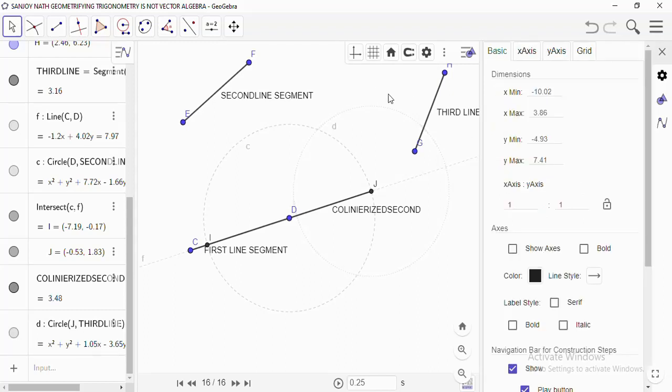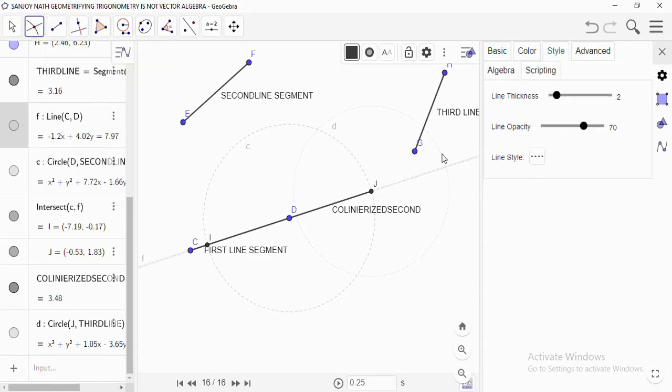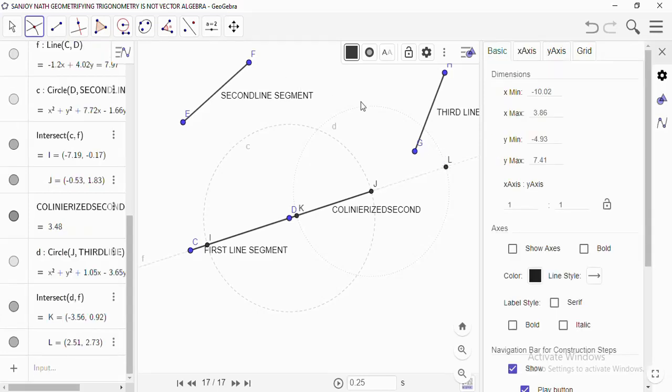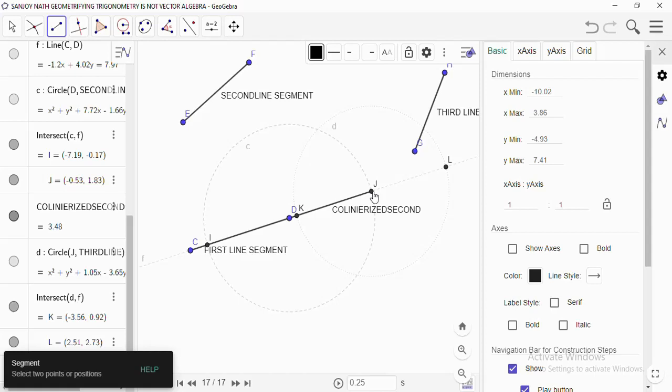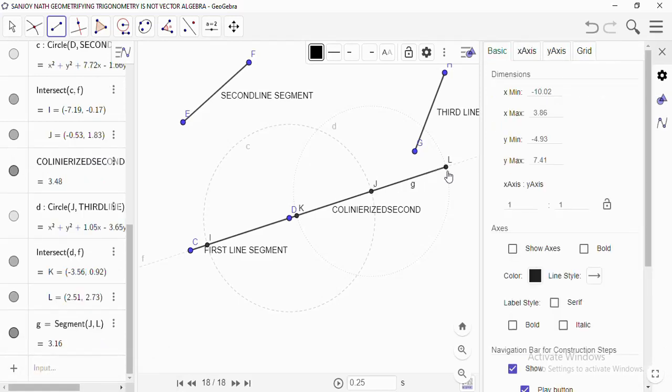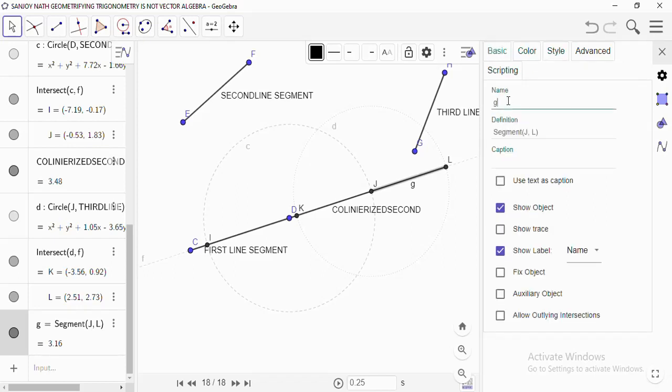Again we take the intersection with the reference direction line and the circle. This gives us the replica, and we draw the replica here, which is the collinearized third line.